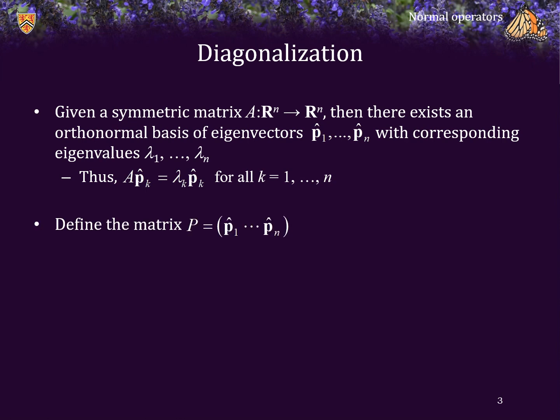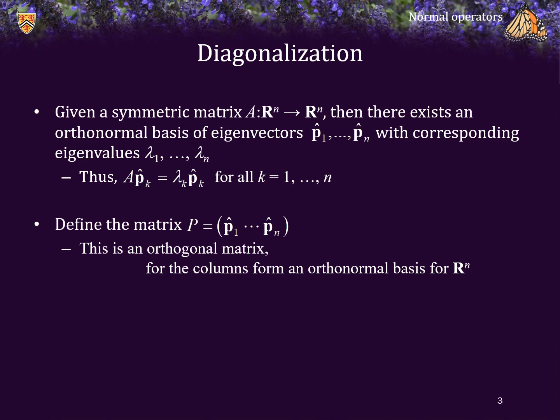We can now define the matrix P consisting of these eigenvectors. Now, this is going to be an orthogonal matrix, that is an isometric matrix that is real, for the columns form an orthonormal basis in Rn.